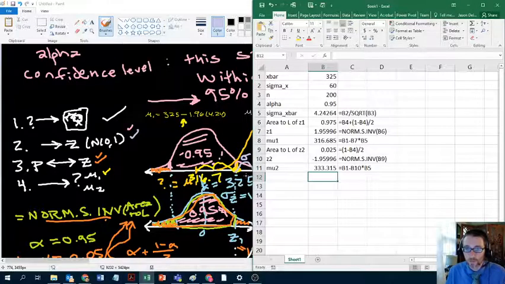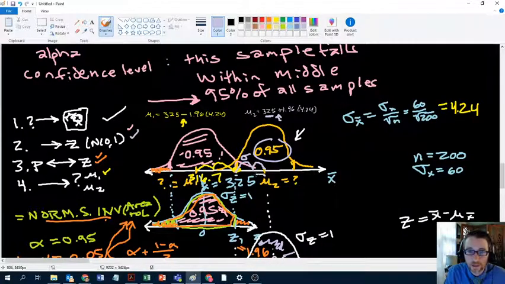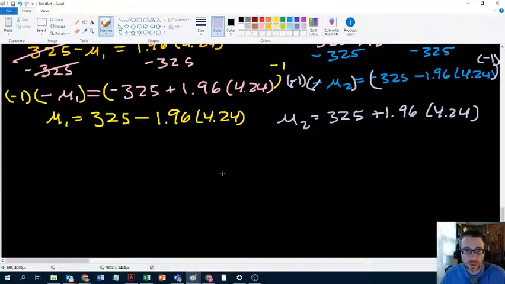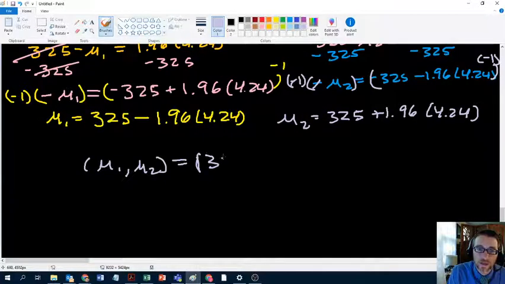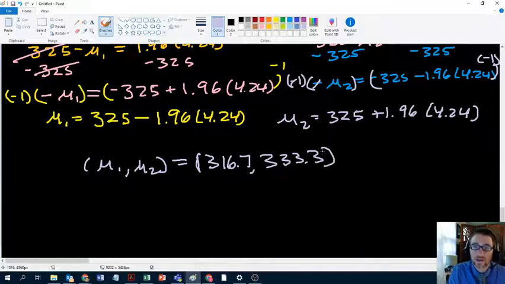So what we have now is two values, 316.685, 316.7, and 333.3. We can put this in interval notation. We can say mu1 comma mu2 equals 316.7 comma 333.3.